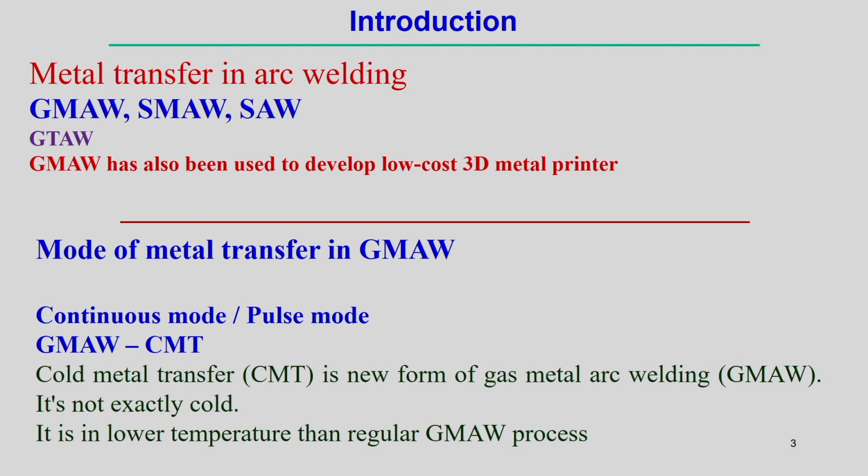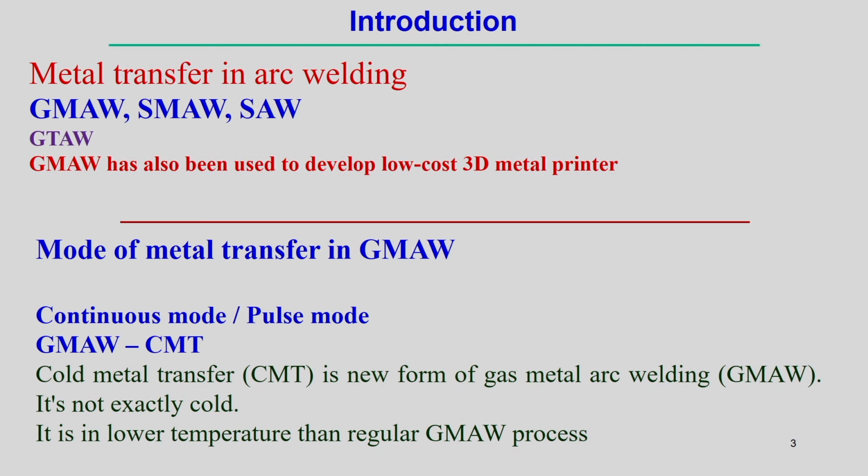GMAW, SMAW and SAW are definitely associated with metal transfer using a consumable electrode, but at the same time there is GTAW, the gas tungsten arc welding process. Although it is an actual welding process, metal transfer is not an intrinsic part of this system. If necessary, we can sometimes use some external wire, and that wire can be deposited at the desired position.